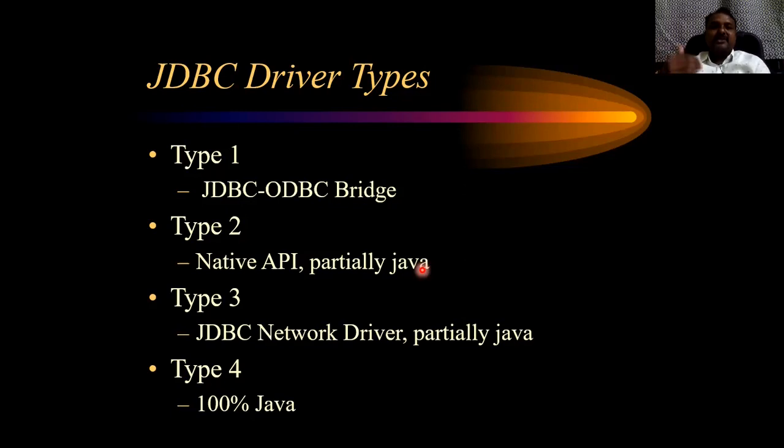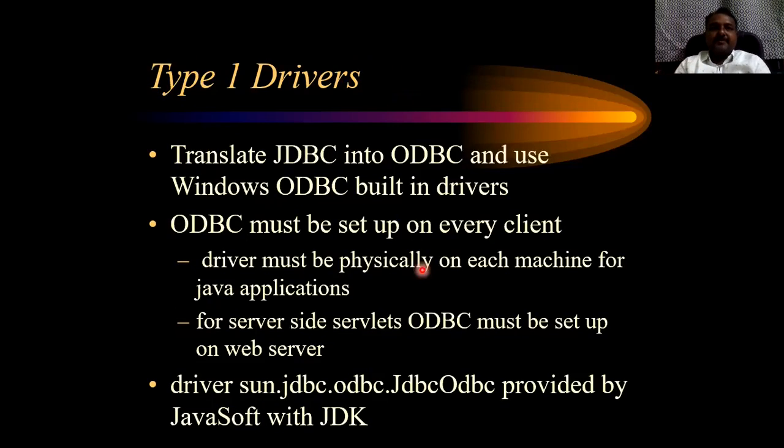The third driver is the JDBC network driver. And the fourth driver is a pure Java driver. So by using these drivers, we are going to interact with your databases. Now we'll see what the structure is and what we can do with all these drivers, and we will understand the components which are there in these drivers.